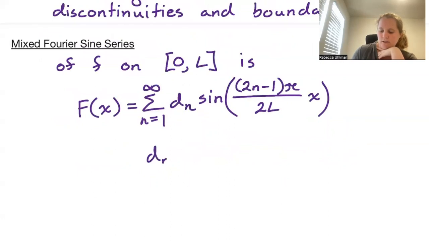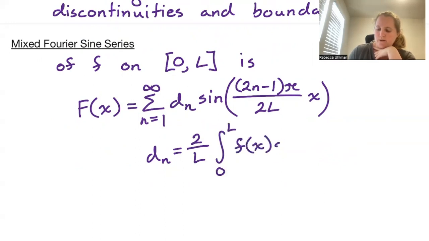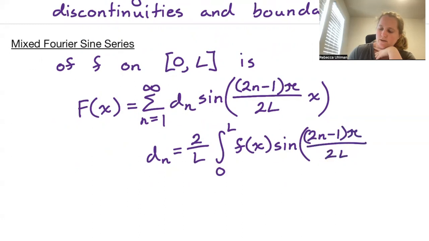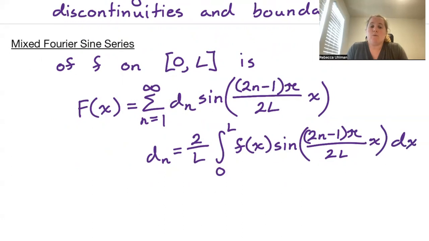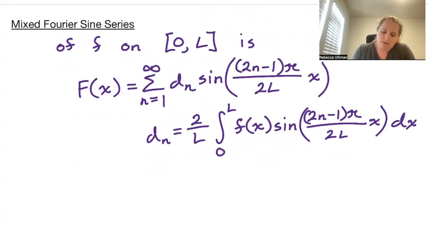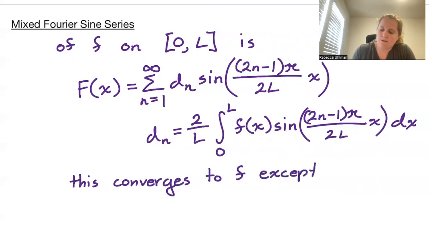And our d sub n, again, is equal to 2 over L times the definite integral from 0 to L of f of x times sine of (2n minus 1) pi over 2L x dx. Once again, this converges to our original function f, except at the discontinuities and the boundaries.